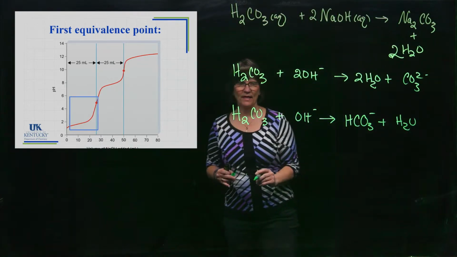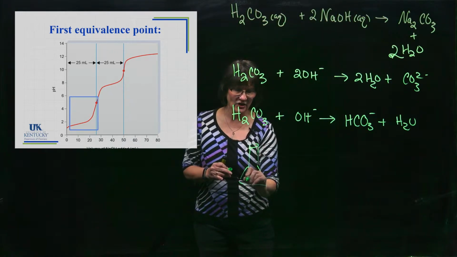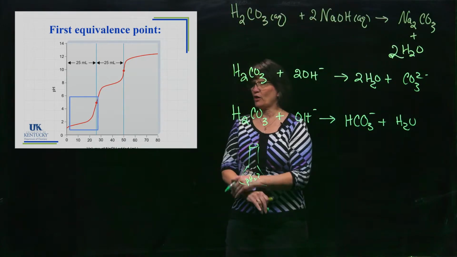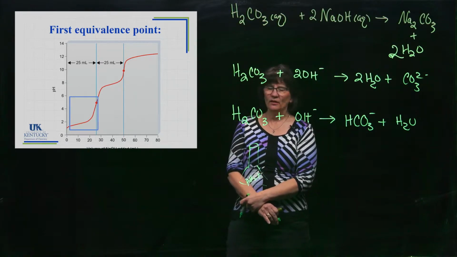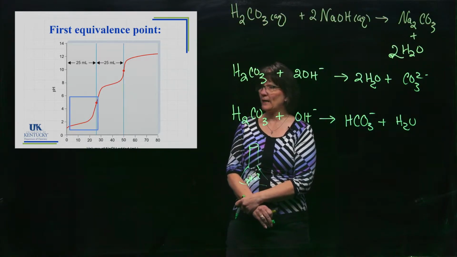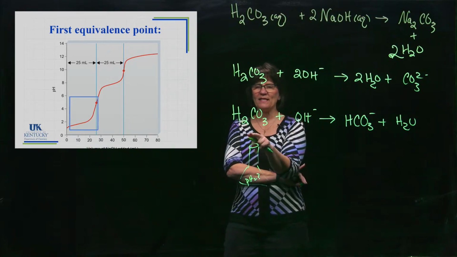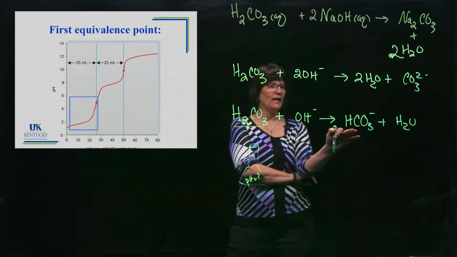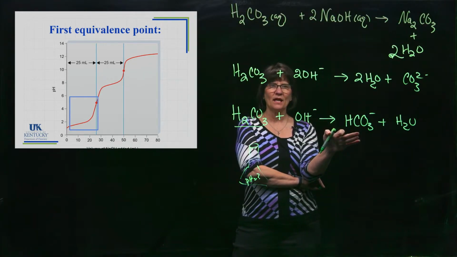So what's happening in our flask? We have our flask and we're monitoring the pH inside of here. At first we have pure carbonic acid, so we have a pH that is less than 2, and we see that we start adding some of this base and we are converting some of the carbonic acid, H2CO3, to some of this hydrogen carbonate.